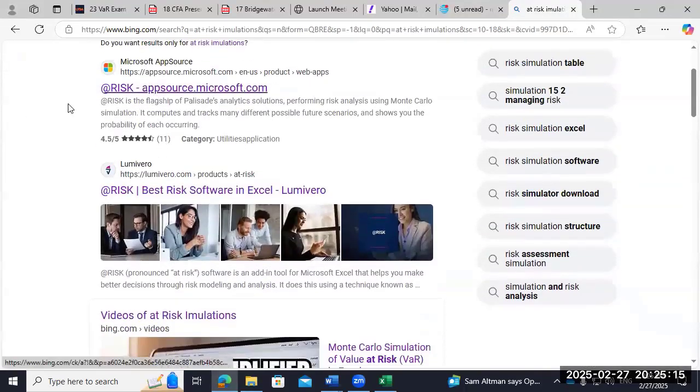That's a Microsoft product. Any of y'all use @Risk? So those are the two most common ones. I'd recommend get some experience with one, any of y'all use at your firm or somewhere. What do y'all use for simulation? What does UTSA offer for simulation?